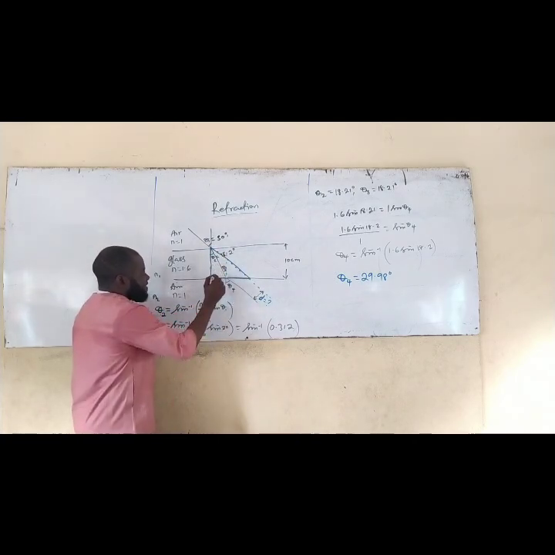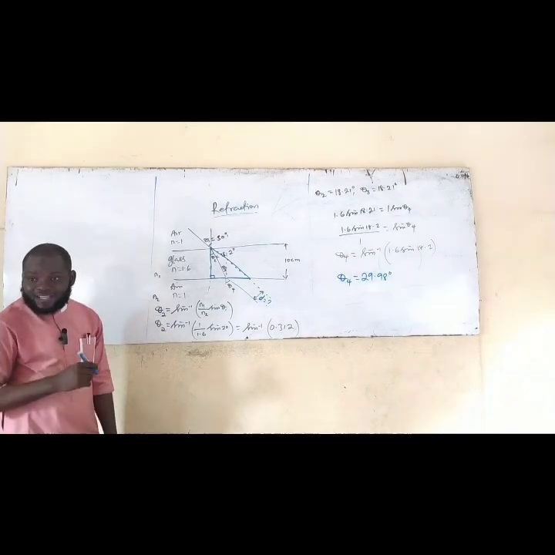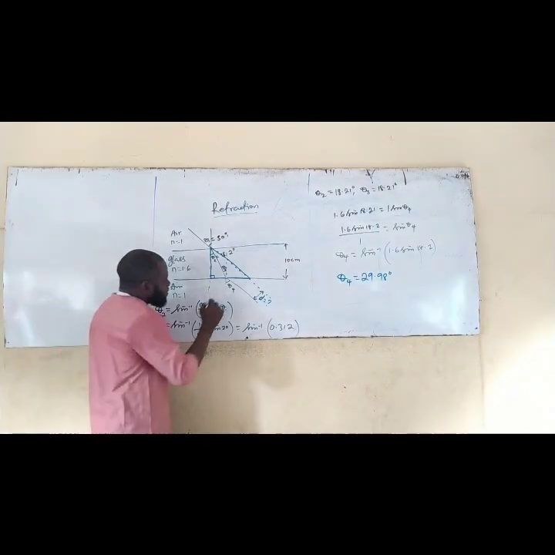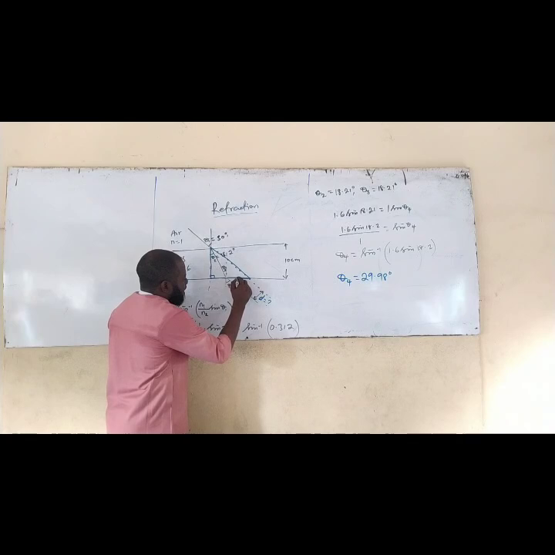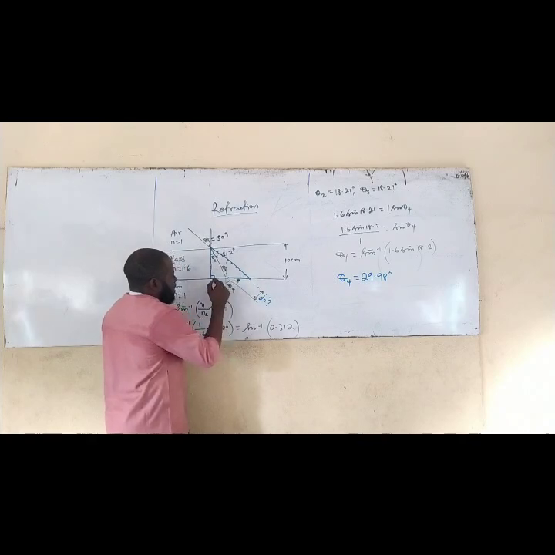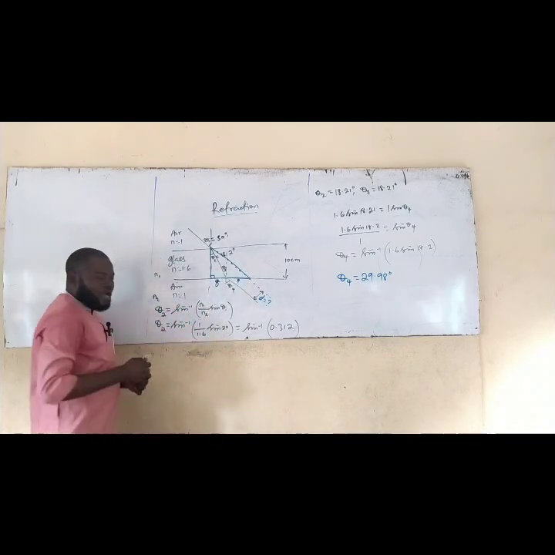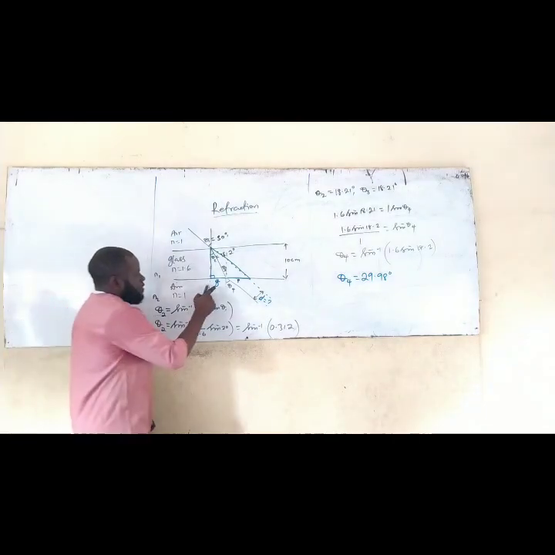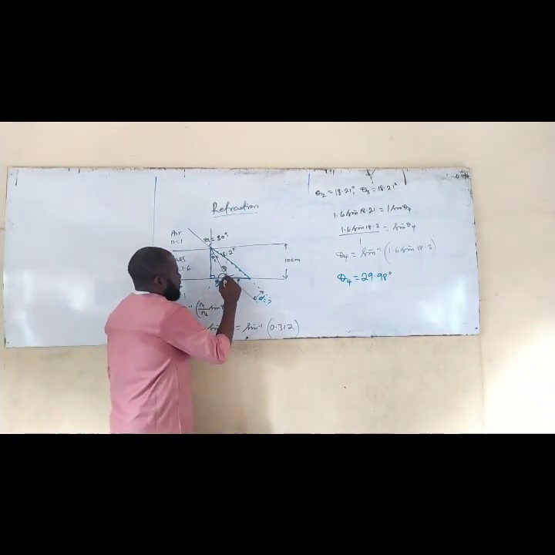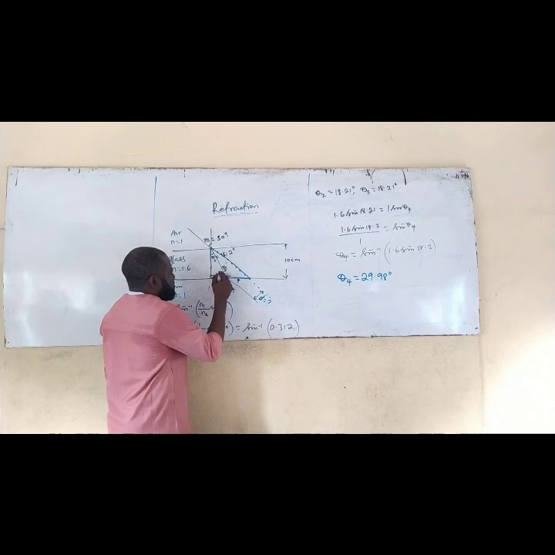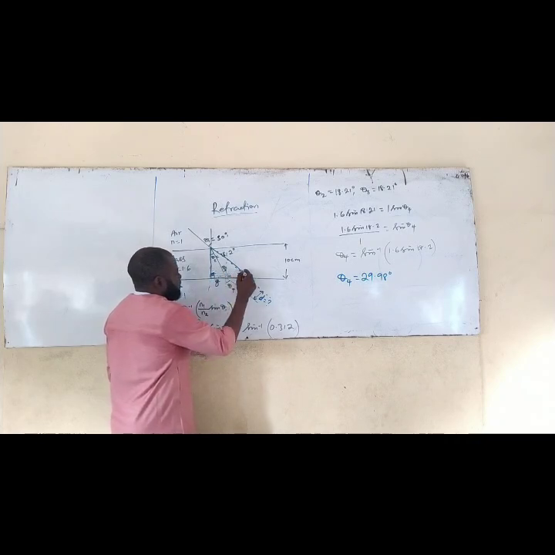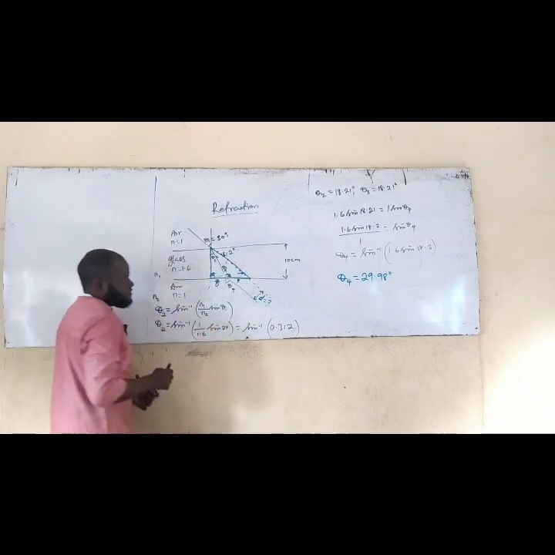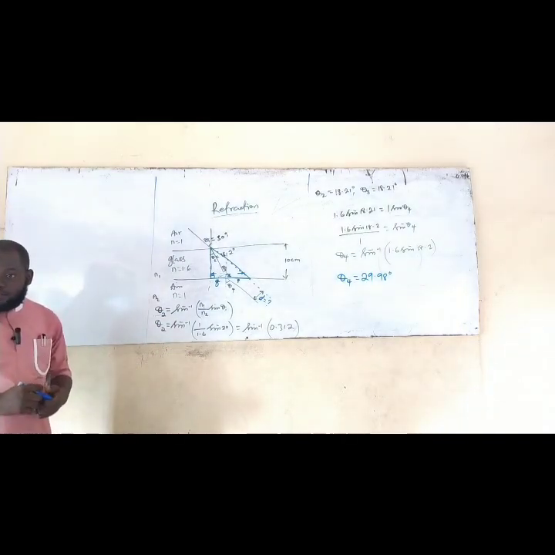It is what? A right angle triangle. Agree? So let me call this one P and this one Q. Then Q plus P, from here to this place, let me call it X.